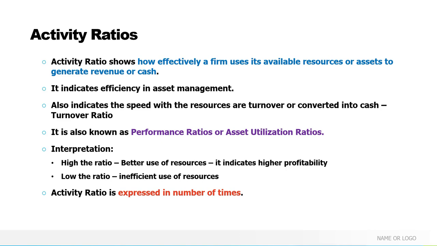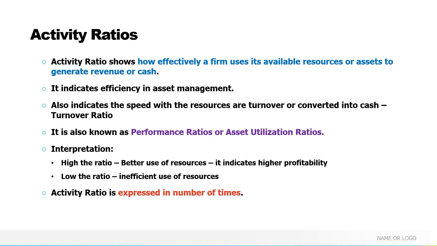Also, it helps to analyze the efficiency of the management in managing their assets. And it also helps to measure the speed of its turnover, or the speed of conversion of assets into cash. The activity ratio is also known as performance ratio or asset utilization ratio.